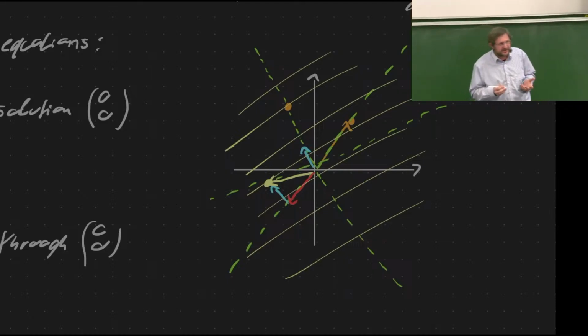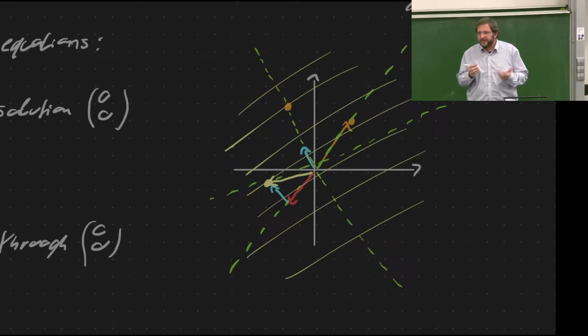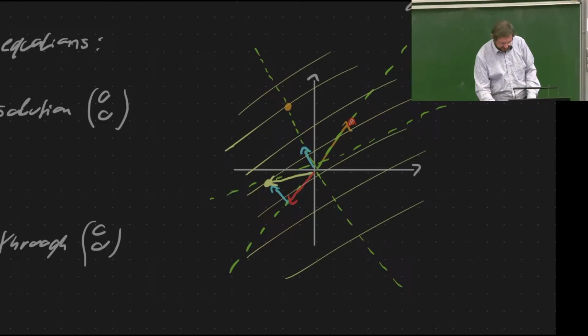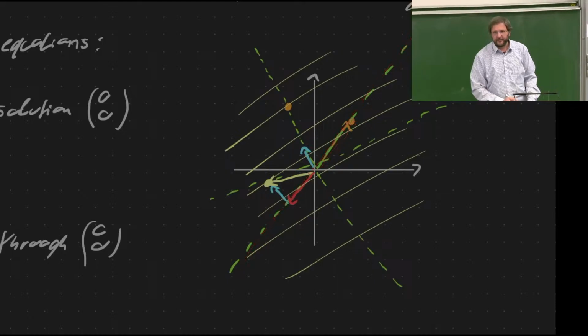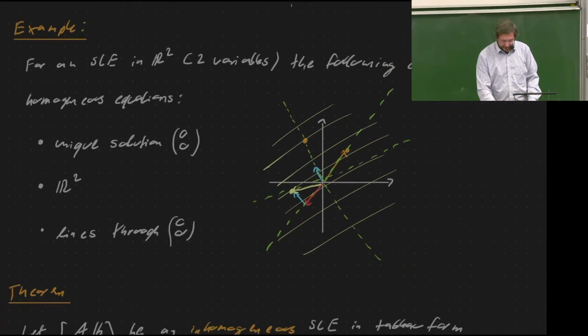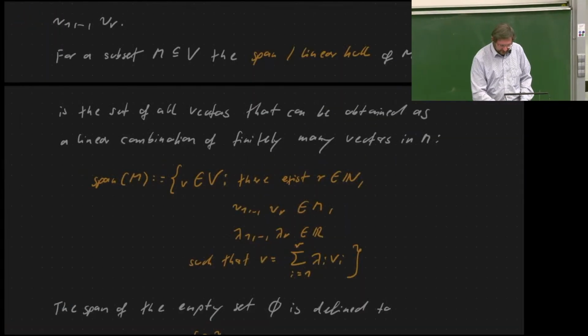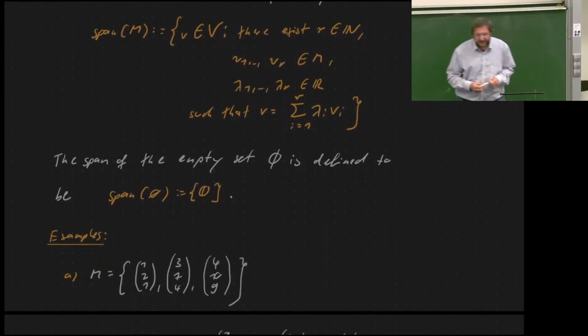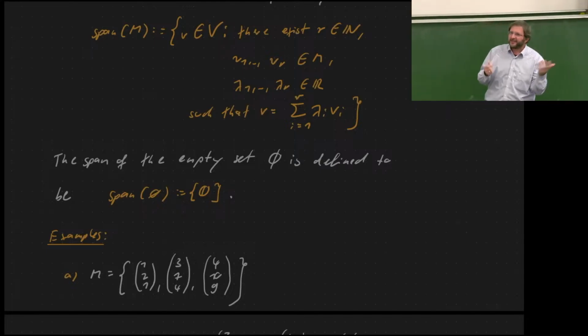That is the span of those two points. The span of this one point alone, which we also did before, yields this line here. So you could also say the question is, given this set M of vectors, what is the smallest linear subspace that contains all of these? That's the span.